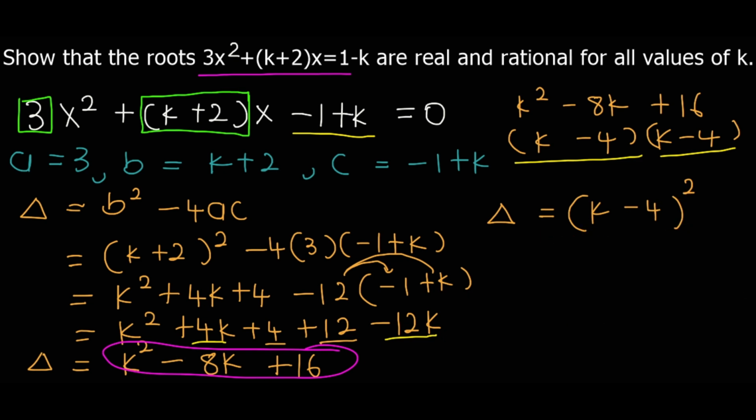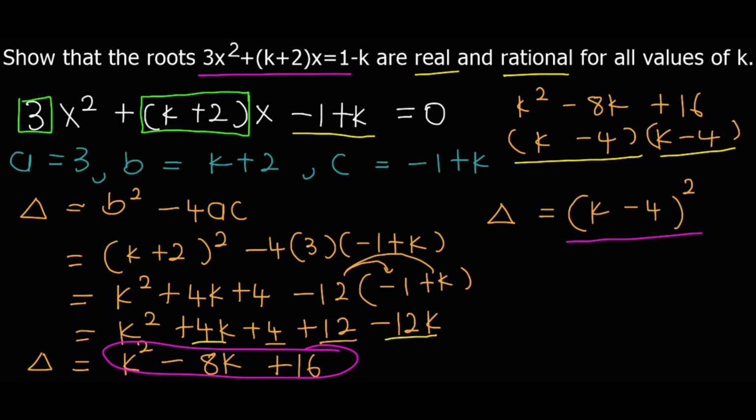So now in conclusion, this part, when we take the square root, is actually a perfect square. So this proves the roots are indeed real and rational.